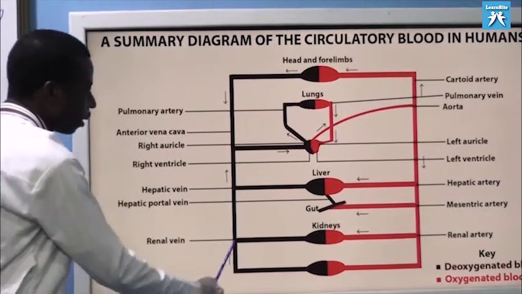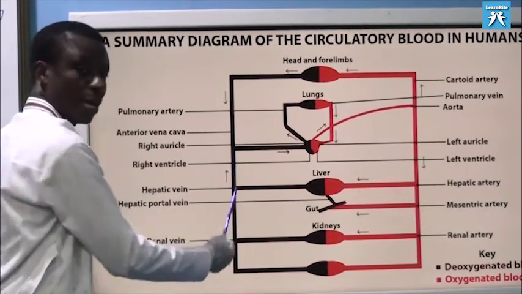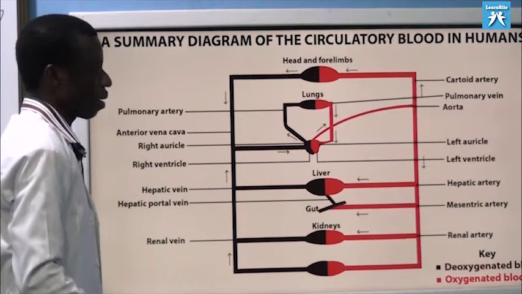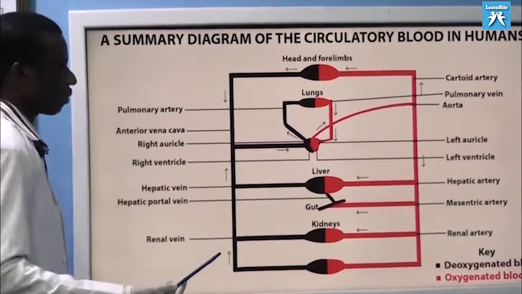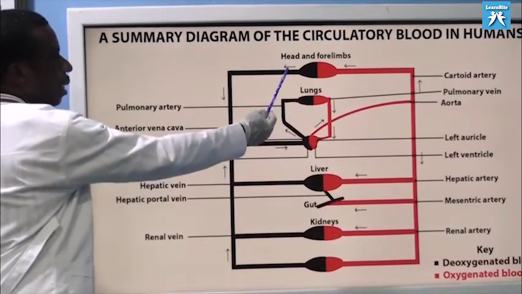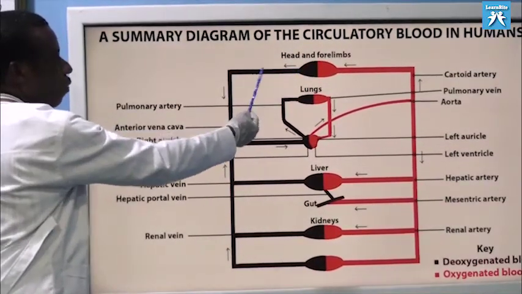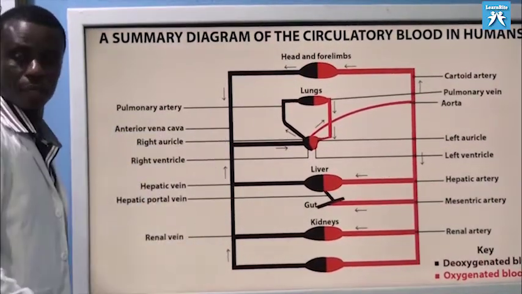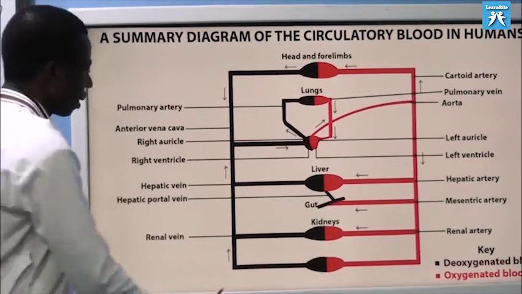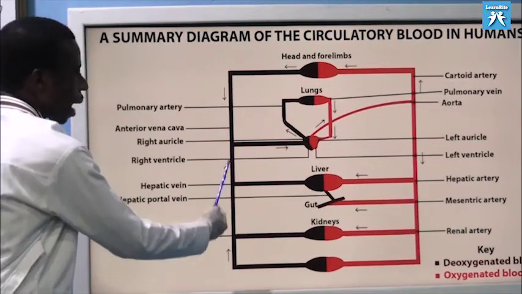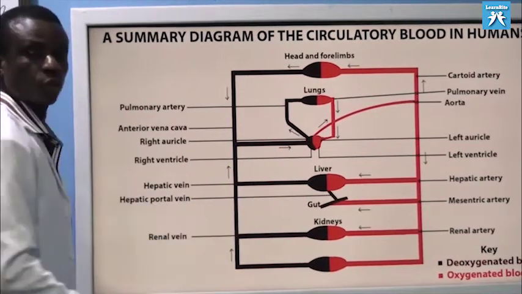They all join to form a bigger vein known as vena cava. We have two vena cavae. One carries deoxygenated blood from the upper part of the body, the head region. This is the anterior vena cava. Then one from the lower part, posterior vena cava.